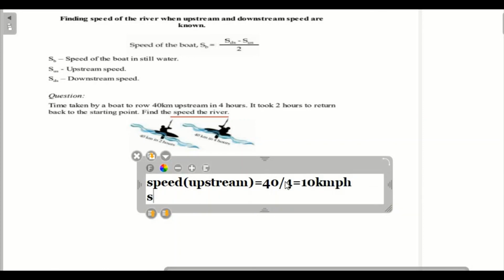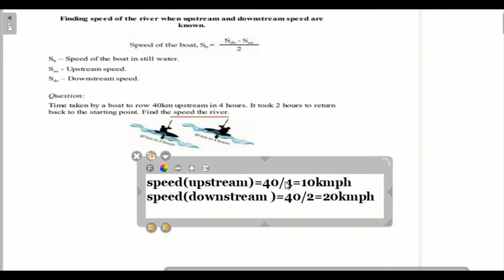And for the speed in downstream, it is 40 divided by 2, which is equal to 20 kmph. So we have to calculate the speed of the river.